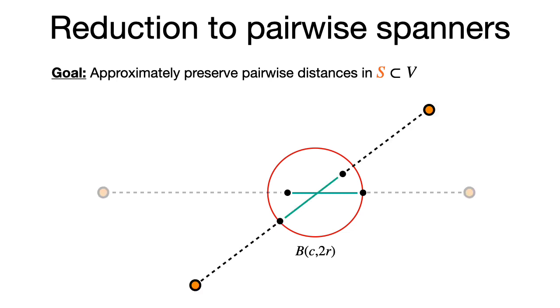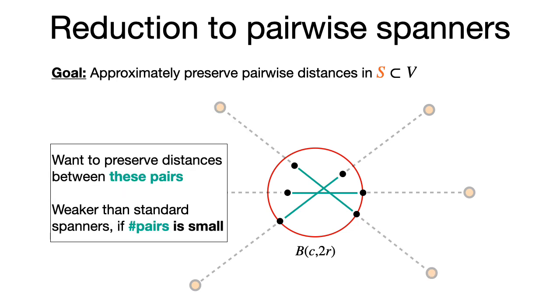When the pivot pair changes, we produce different segments inside this shell, like this one and this one. In the end, we want to add some edges within the shell that preserve distances between these segments. This is a weaker requirement than standard spanners, which preserve all pairs' distances, especially when the number of segments is small.